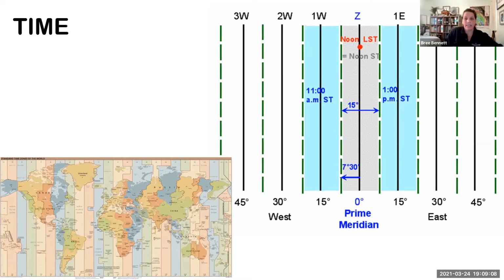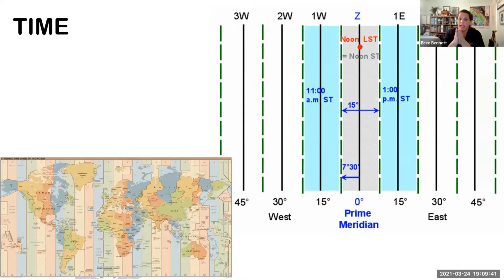Yes, your international dateline. So if we divide up our 24 possible zone descriptions by our longitude, we get 15 degrees of longitude per zone description. That 15 degrees is centered on each central meridian of that zone description.